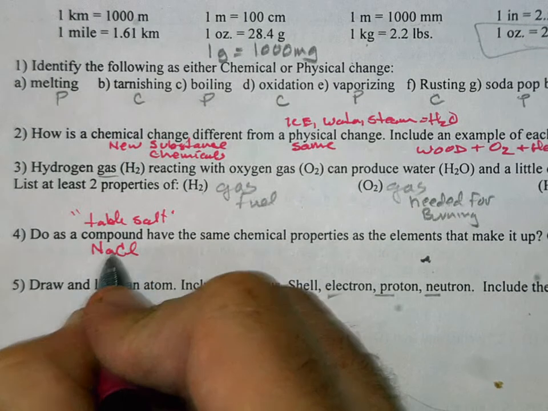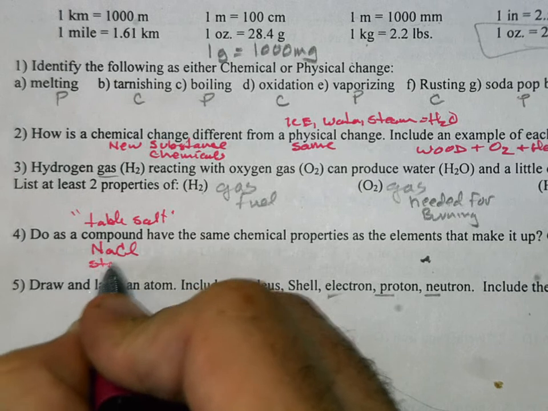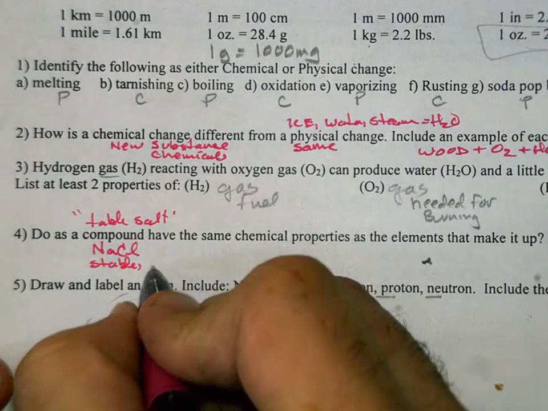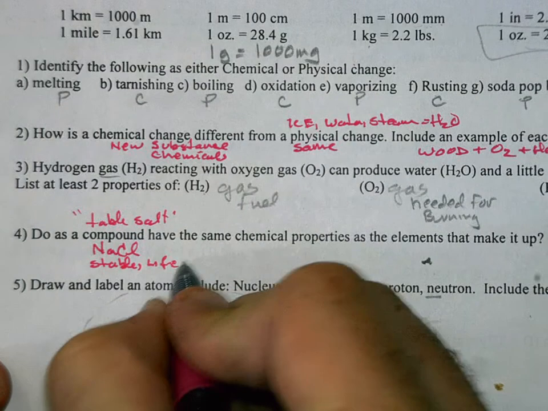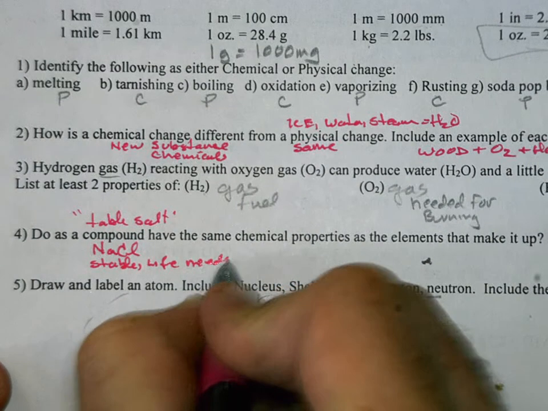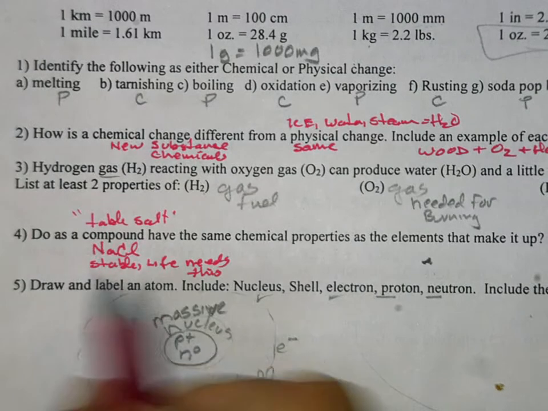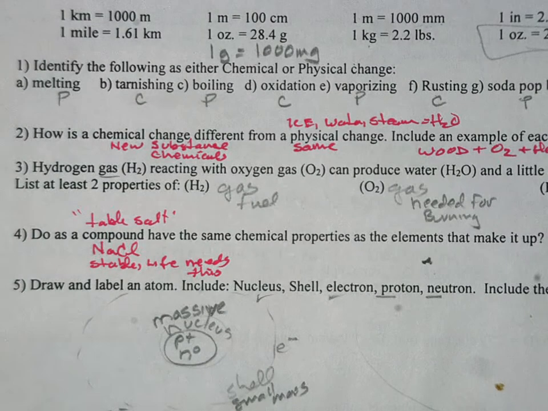Table salt is stable. Life needs this. Now, like with anything, you can get too much, and it can kill you. If you drink too much water at one time, it'll dilute the salt out of your system, and you'll die. So this is very stable. We have to have salt in proper amounts.